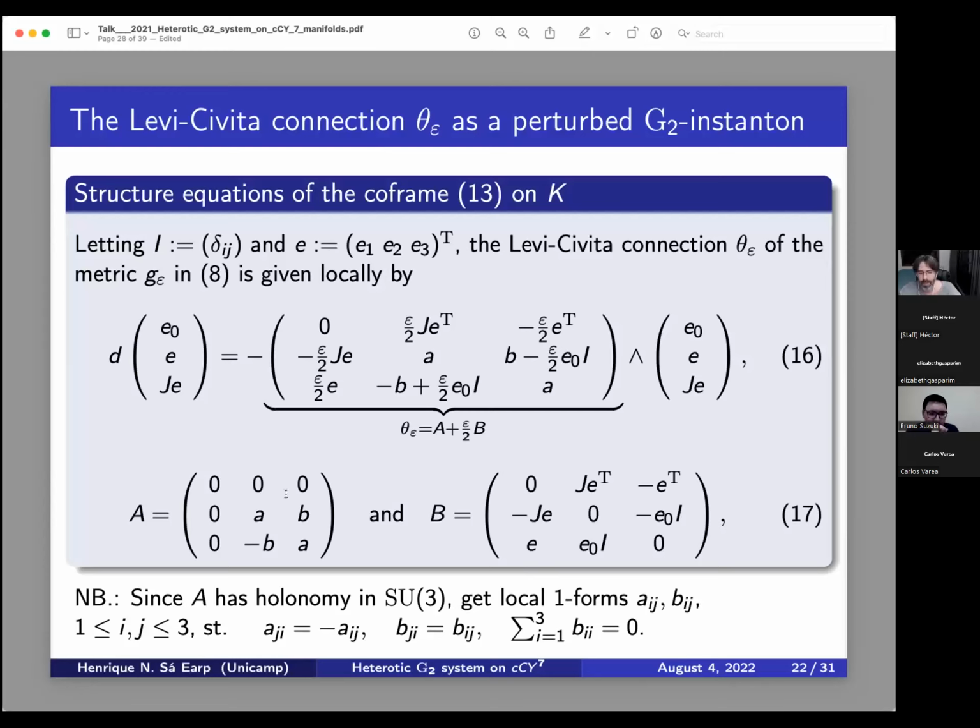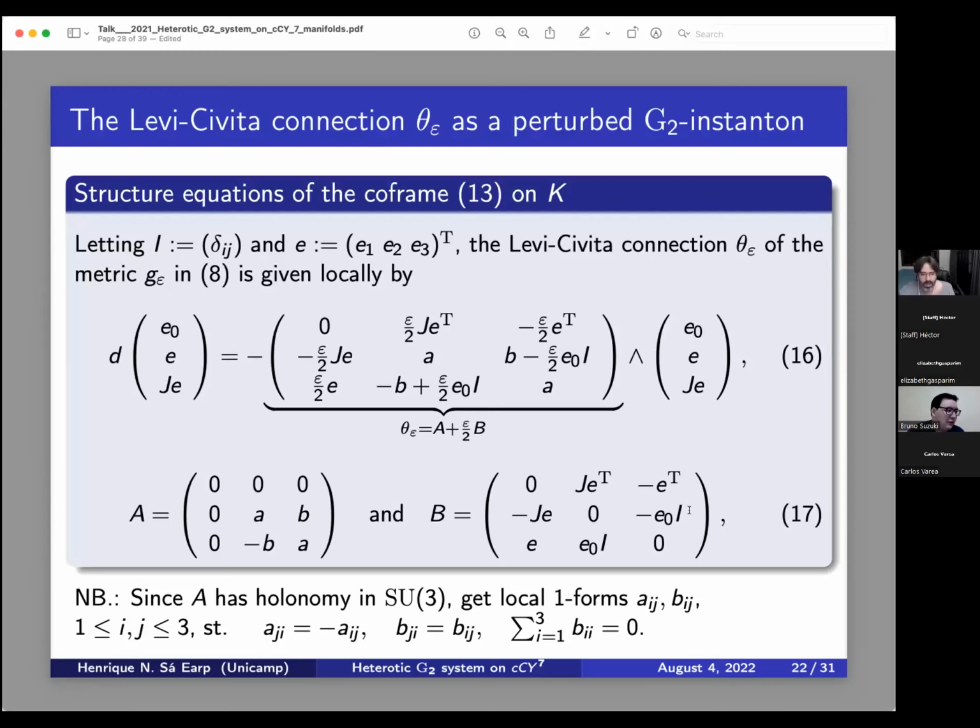So it can be found that if you pull back this SU3 connection, it comes from the Calabi-Yau structure. So this is an SU3 connection from the base, which is a pullback, so it's trivial along the 7th dimension. Then the actual Levi-Civita connection of the natural G2 metric in this setting can be understood as a perturbation of such a guy by something that depends on all the available data.